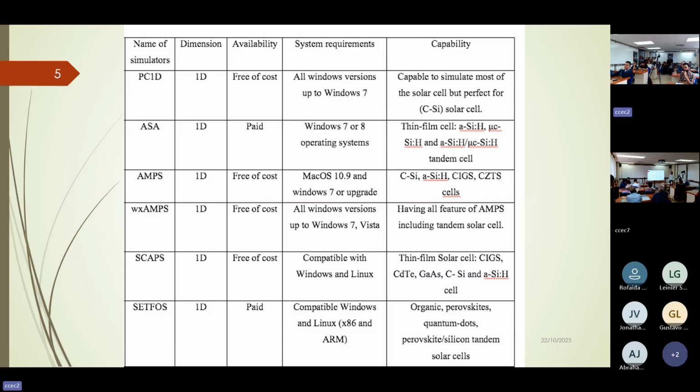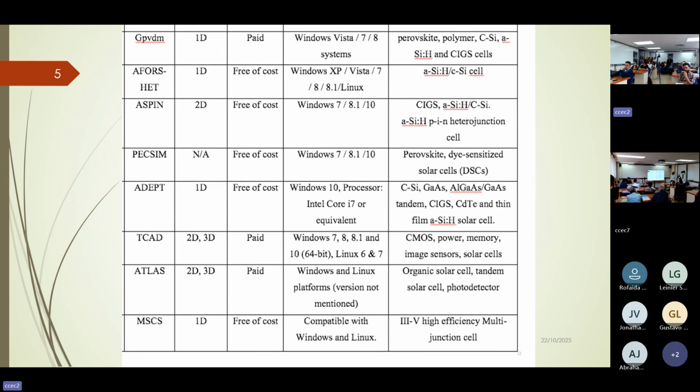Normally it was developed for copper indium gallium selenide, but later it was extended to different kinds of other solar cells, even tandem solar cells. We also have 1D, 2D, 3D simulators. These are all examples of the simulators.